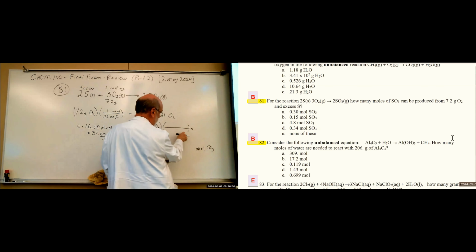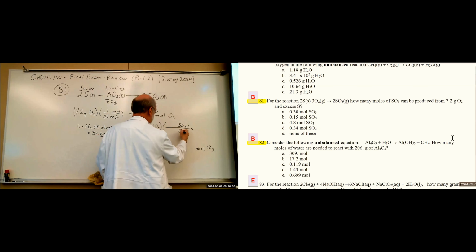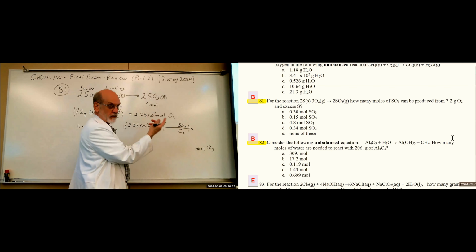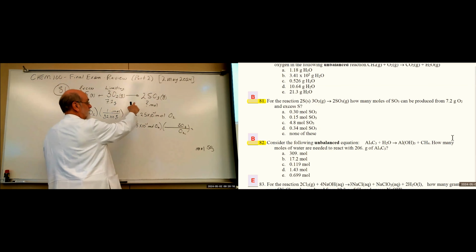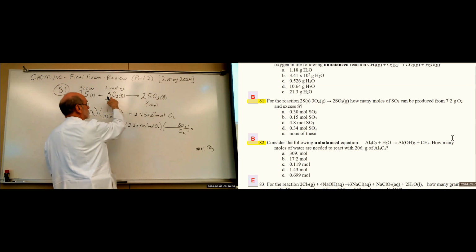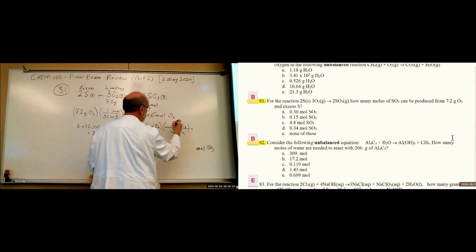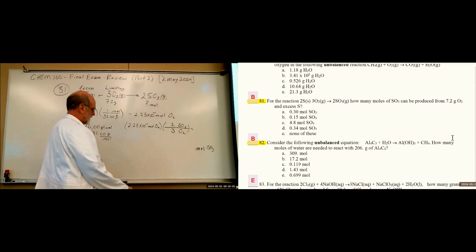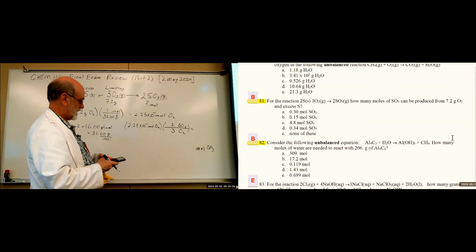So moles of SO3 would be on top, and oxygen would be on the bottom, right? Moles over moles. The ratio there, the conversion factor, is from the coefficients. So 3 oxygen and 2 SO3. So I multiply that value times 2 and divide by 3.